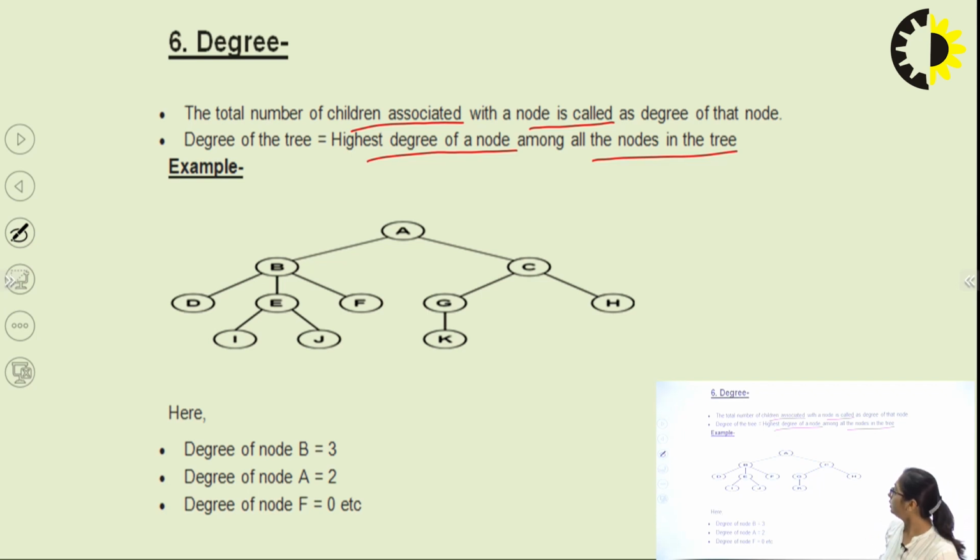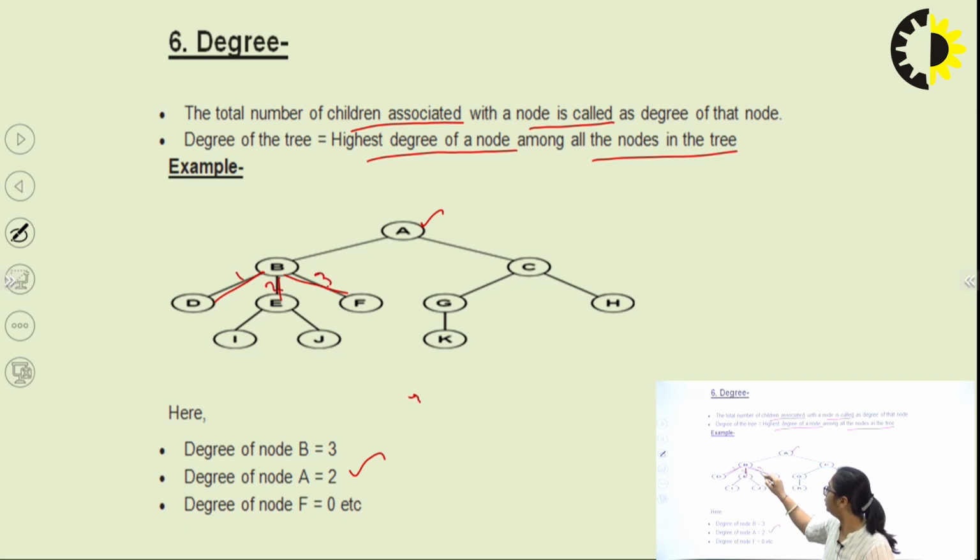Okay. So here you can see the degree of node A. So degree is different for different nodes. For A, there are two edges associated with A. So degree of A is equal to 2. Here from this node, three edges expand: 1, 2 and 3.